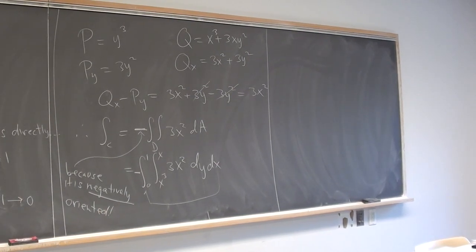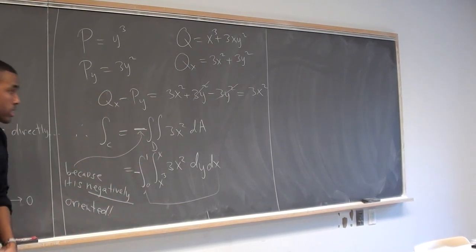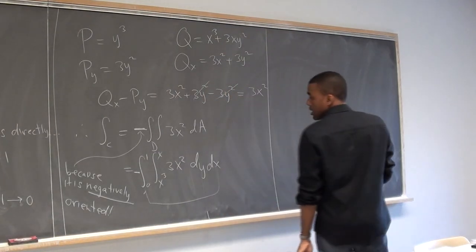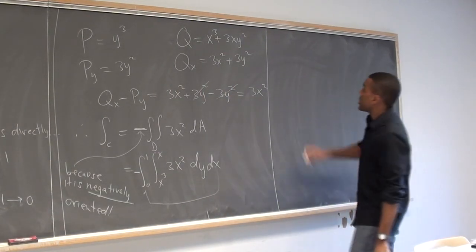The only thing different between positive and negative orientation is you just negate the integral overall, right? Because Green's theorem works with positively oriented curves, if we're using a negatively oriented one, you just put a negative sign in front of everything, and that fixes it. So what do we get here?